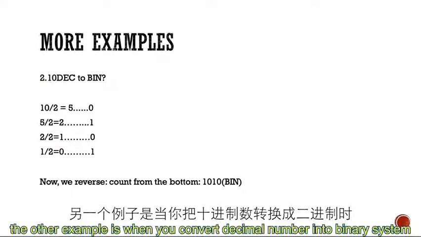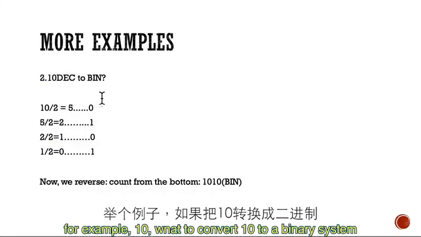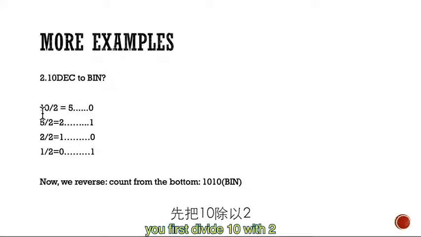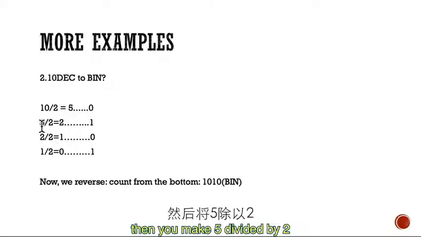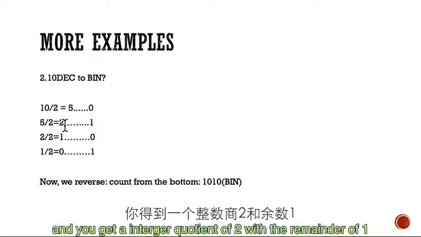The other example is when you convert a decimal number into the binary system. For example, 10. You want to convert 10 to a binary number. You first divide 10 by 2, and you get an integer quotient 5 with a remainder of 0. Then you divide 5 by 2, you get an integer quotient of 2 with a remainder of 1.